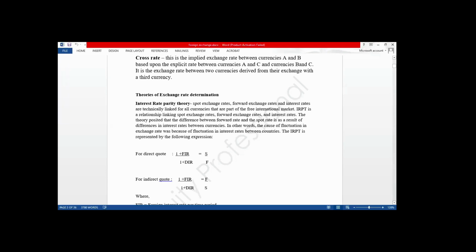The interest rate parity theory. This theory states that the differences between the forward rates and the spot rates is as a result of differences in interest rates between currencies.